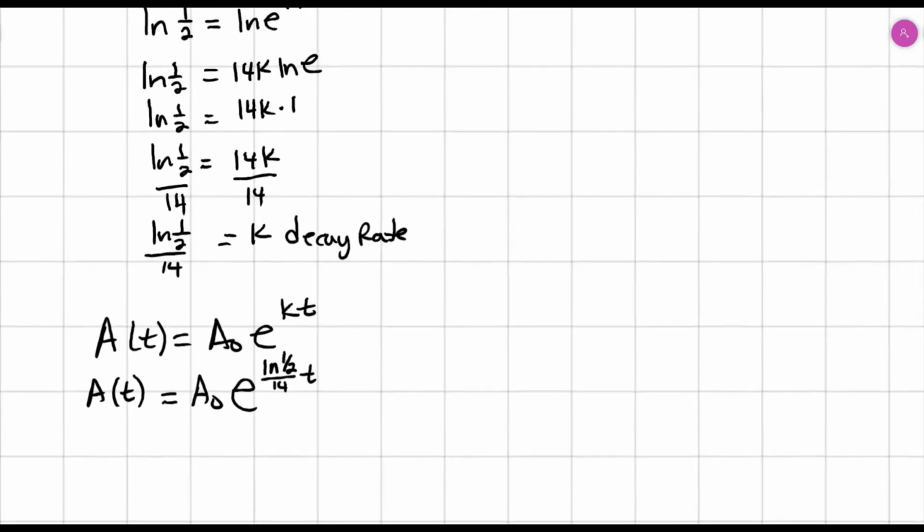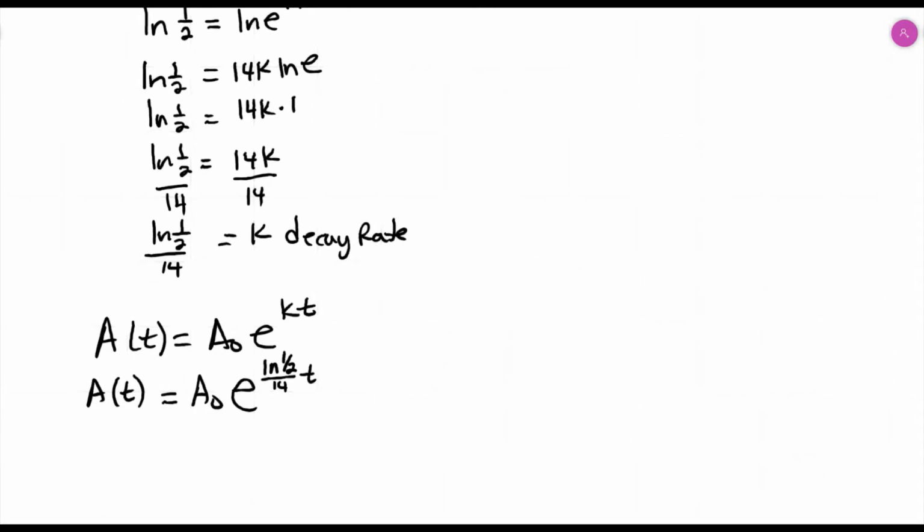So I'm going to leave it in that messy symbols so that it's exact and not rounded. So we want to know how much is remaining 9 days after the explosion. So we're going to substitute a 9 in for t. So A of 9 equals A naught e to the natural log 1/2 over 14 times 9.